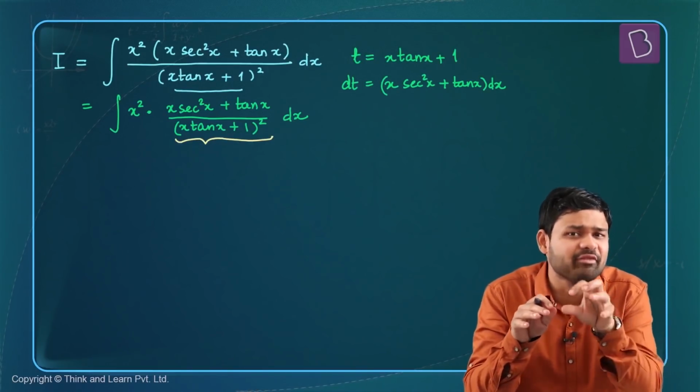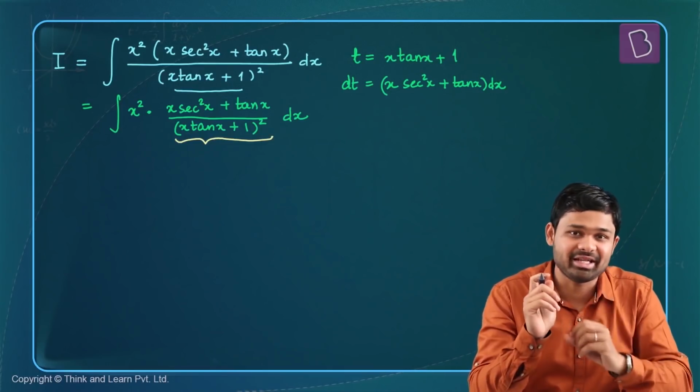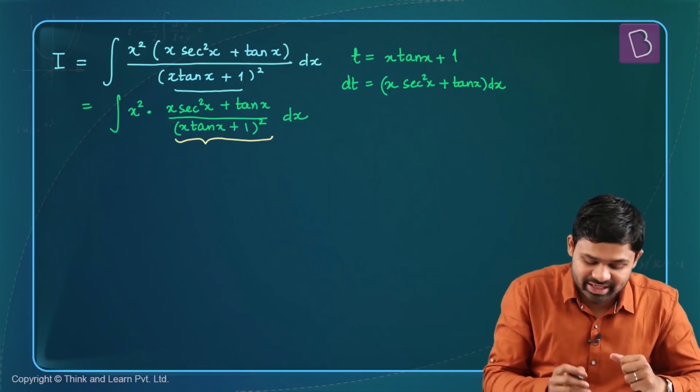This is something that's a little difficult for you to visualize, and that's why I'm solving this question and giving you a little more detail than required. So this is where we are going to make use of integration by parts.